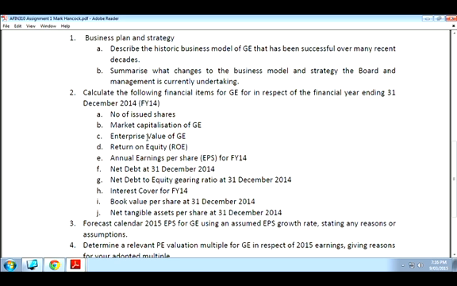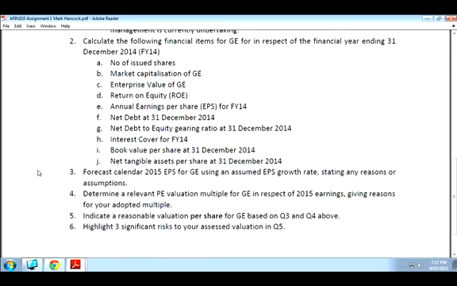Now, in question 3, we want you to forecast the earnings per share. And I suggest you read the management presentations carefully to get some clues about that. I don't expect you to build a whole financial model. We really just need an arbitrary assessment of where you think the earnings will go in 2015.